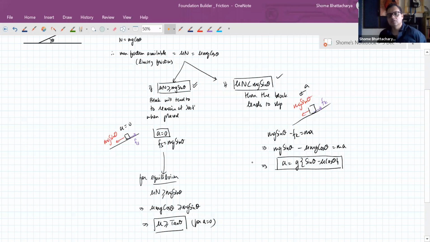Whereas in the second case, the condition for slipping to occur, that is acceleration to be non-zero, the condition from above is that mu n should be less than mg sin theta. So that will give us the opposite, that mu should be less than tan theta.